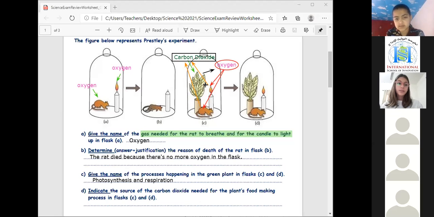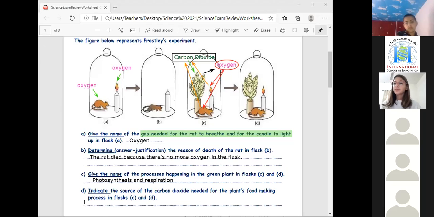Excellent, to make photosynthesis. So in the last part, they are asking us about the source of carbon dioxide needed for the plant. Who gave this plant the carbon dioxide that it needs? The rat and the candle.